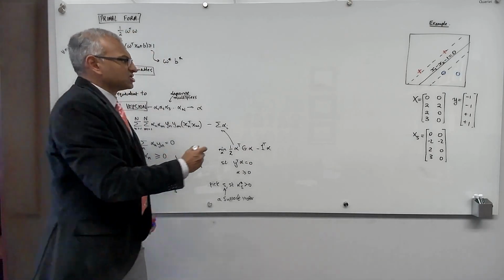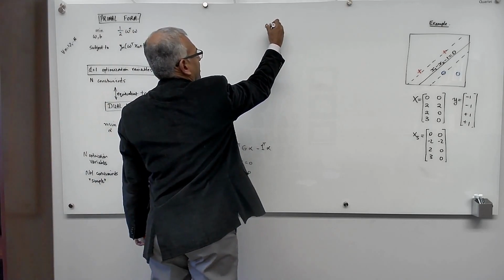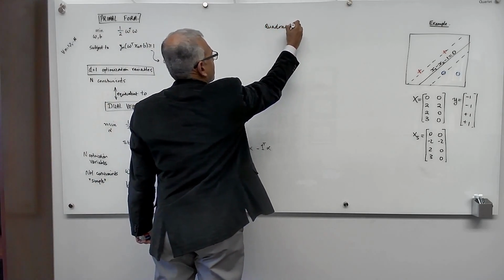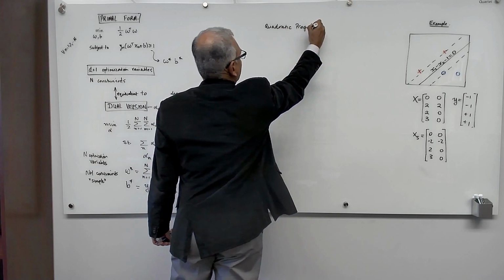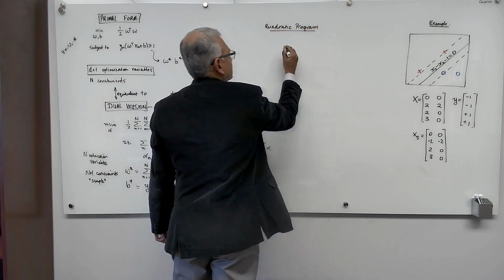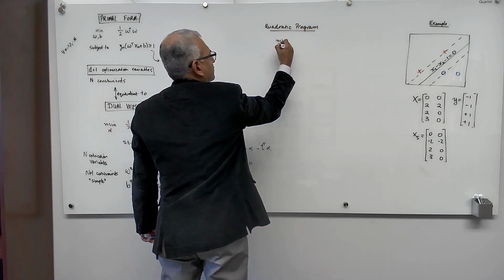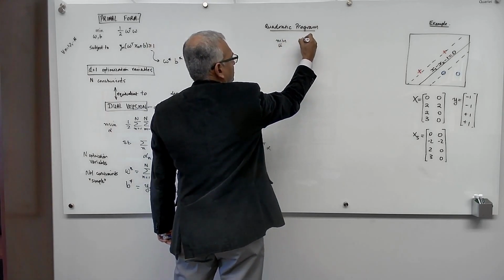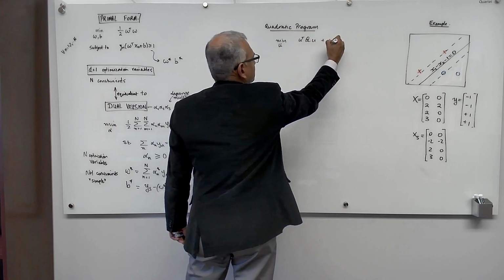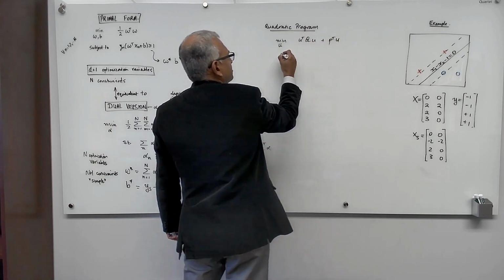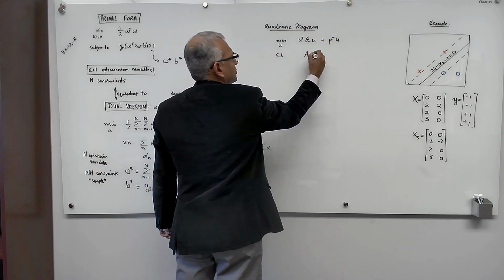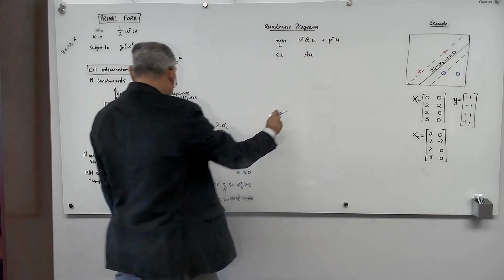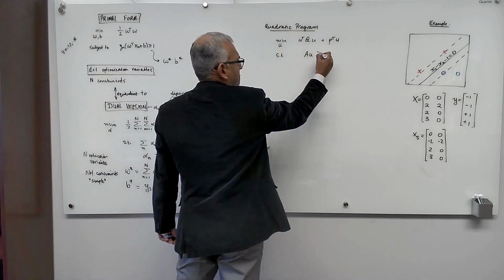So let me remind you what the general quadratic program is: minimize over your q-dimensional optimization variable u, u^T Q u plus p^T u, subject to A u greater or equal to 0.